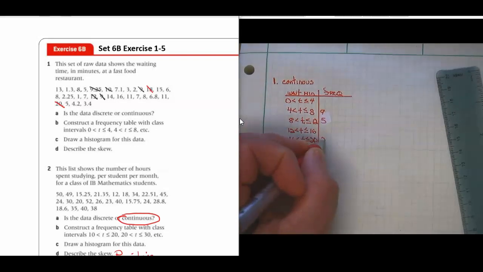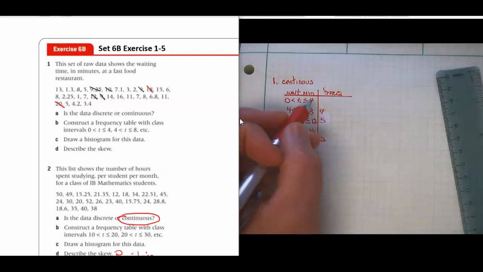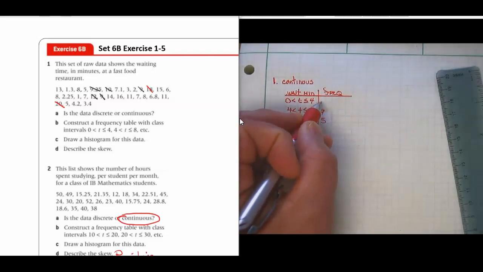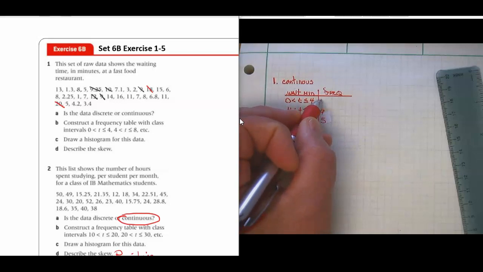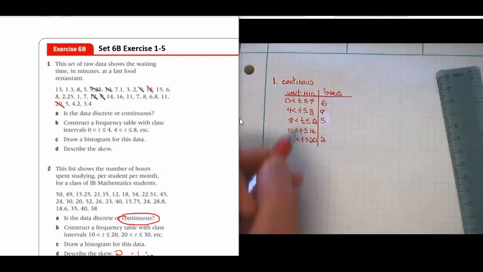Got 2. How about you, Hannah? On the 0 to 4s, I got 6. Okay.